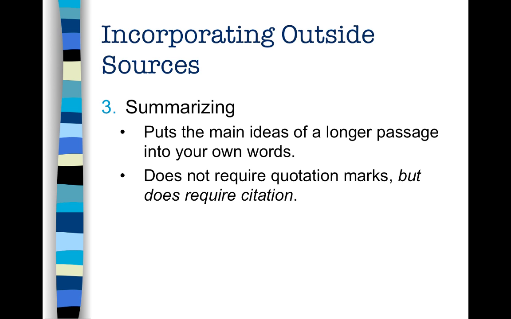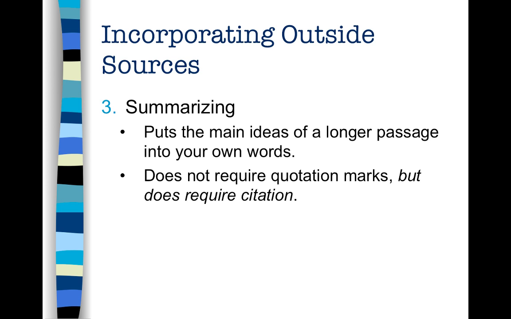You want to start off by saying, in the article, then state the title of the article, by the author, this and this and this. And then in the next sentence, the author writes, and you're summarizing, you're putting it into your own words. And maybe in the next sentence, the article also states. You want to continually remind your reader that you are not taking credit for this work, that this is not original, that you got it someplace else and you're just condensing the material from the original source for your readers.